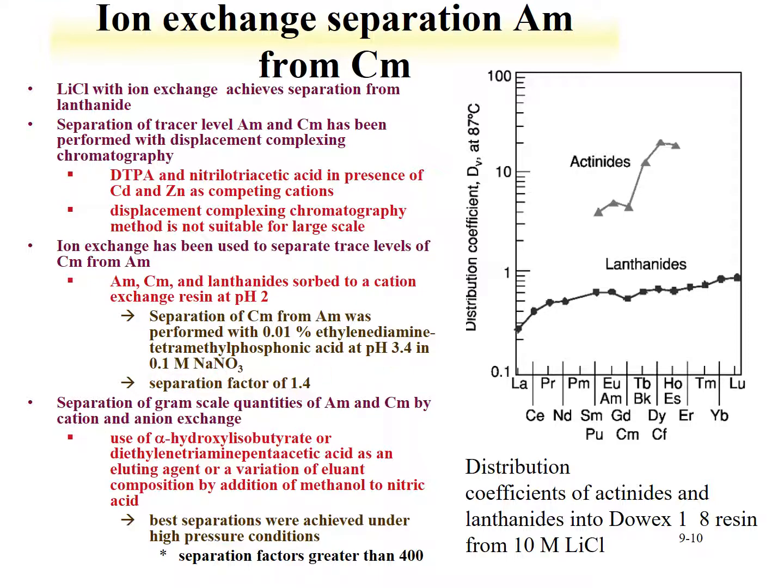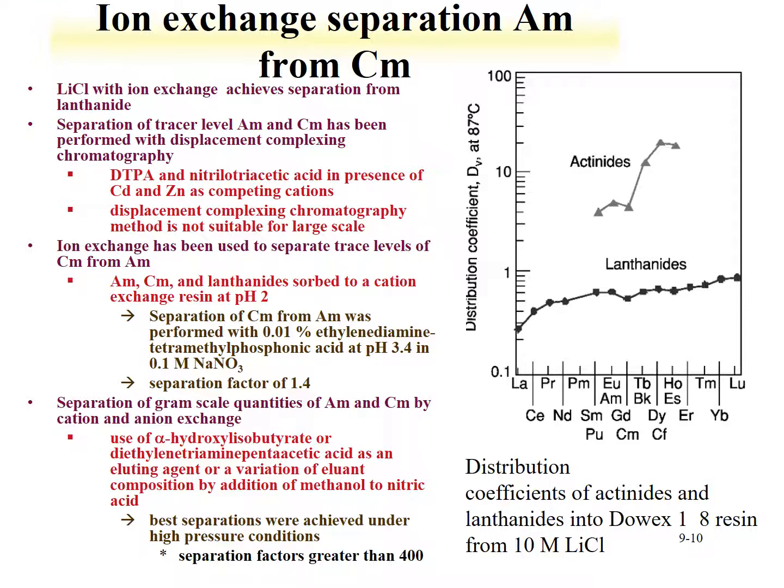And he achieved a separation factor of 1.4. Not a particularly high separation factor, but one that could be used to achieve a separation if enough effort is put into the system.